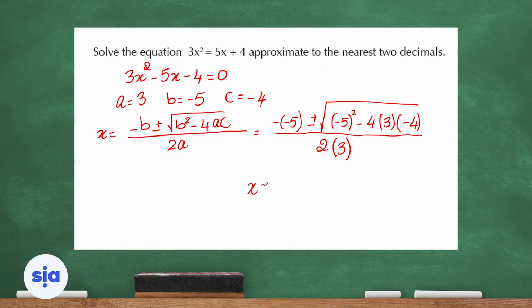So x will be equal to negative 0.59, or x equals 2.26.